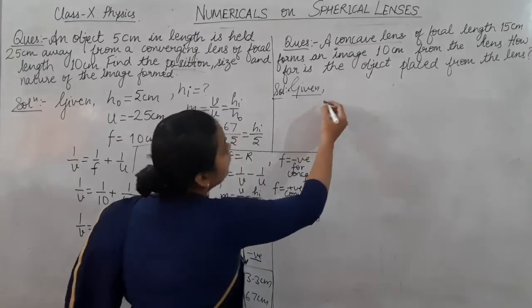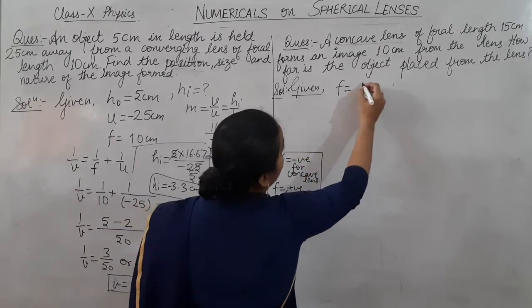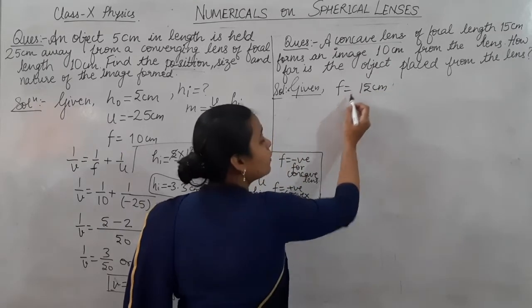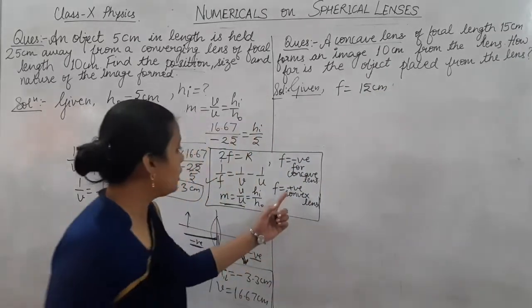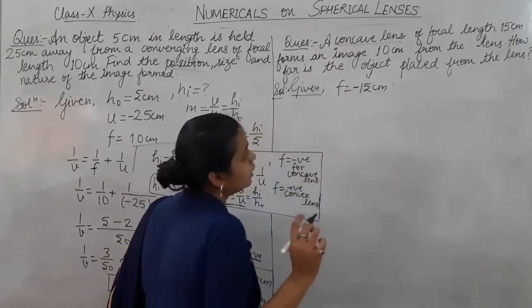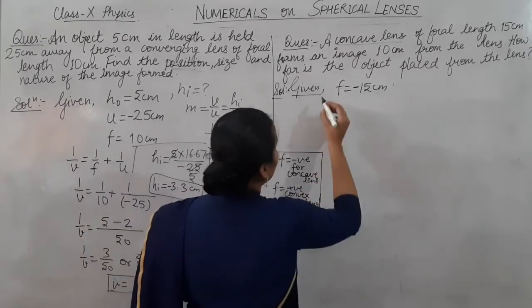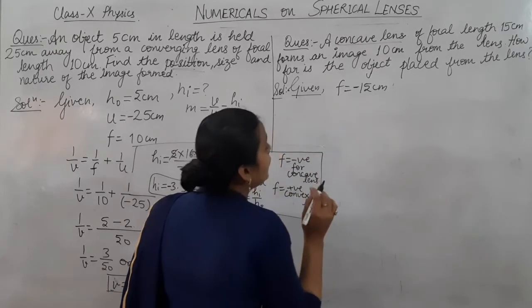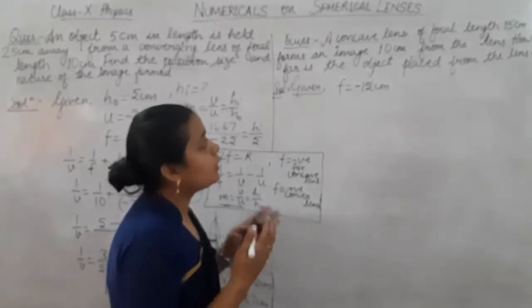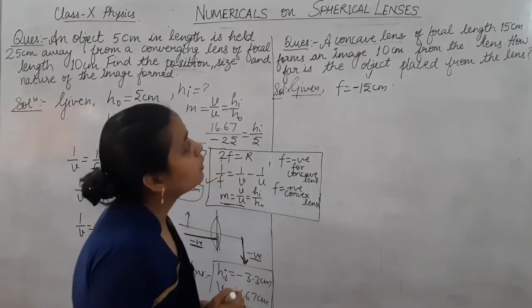Given that f is equal to 15 centimeter, a concave lens has negative focal length, as it is written here also, it has negative focus. So by sign convention we will place a minus sign, negative sign. Image distance. Just try to imagine a ray diagram for this question.